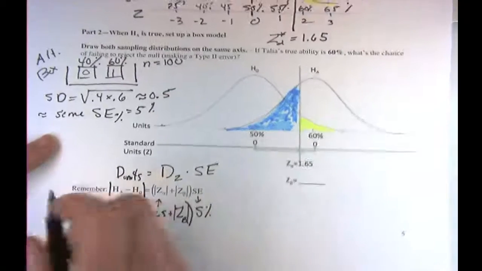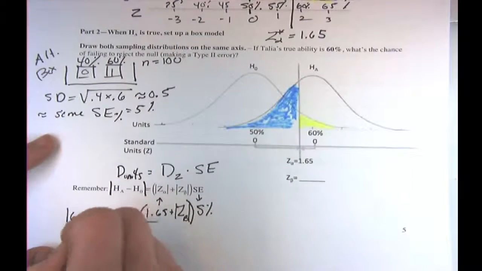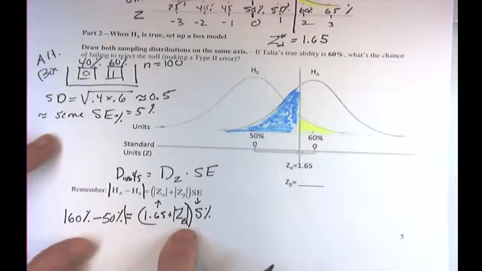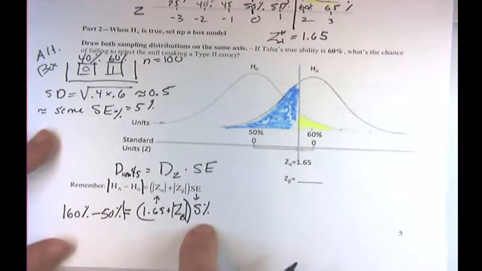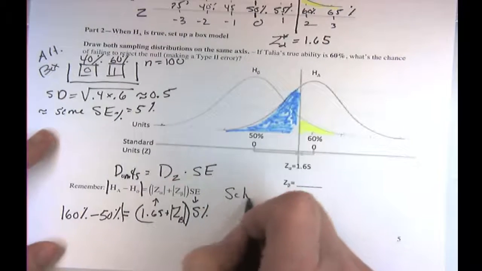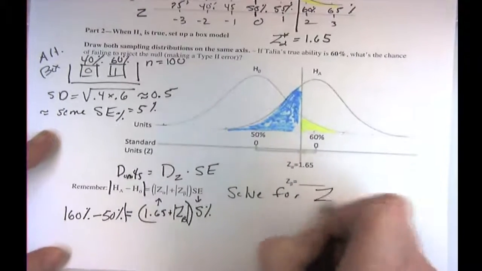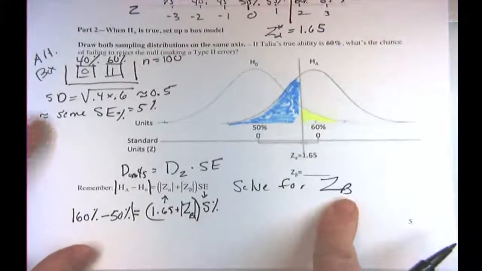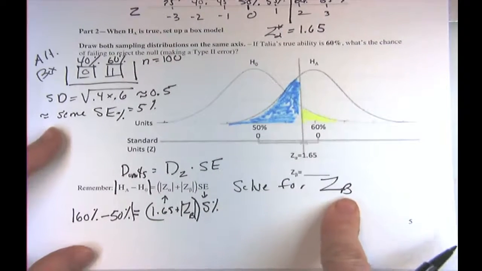It's 60% minus 50%. That's our relationship, and we are going to solve for z beta. Once we solve for z beta, we can use the normal table to get beta.